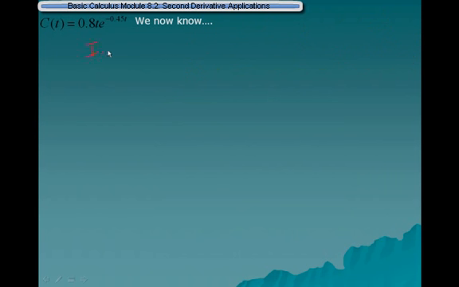This is what we know. 1, because of the first derivative, because of C prime of t, we know that this drug is going to increase in the bloodstream from 0 hours to 2.2 hours. And then from 2.2 hours, it's going to decrease in the bloodstream from 2.2 to forever. Okay? It's going to continue to decrease the concentration of this drug in the bloodstream.